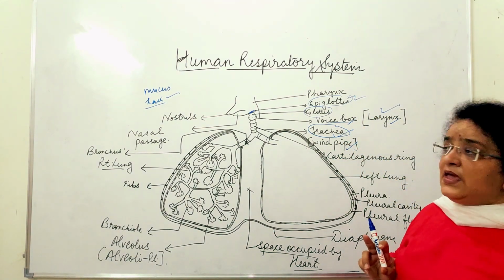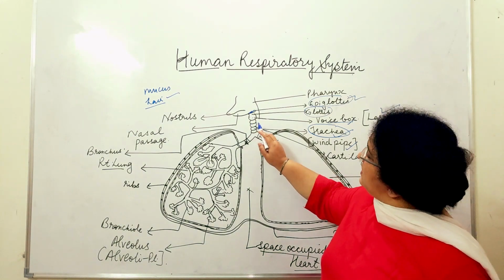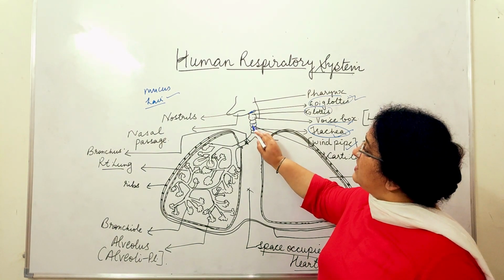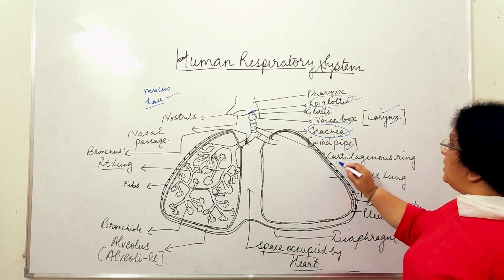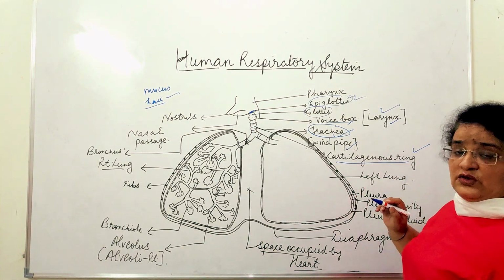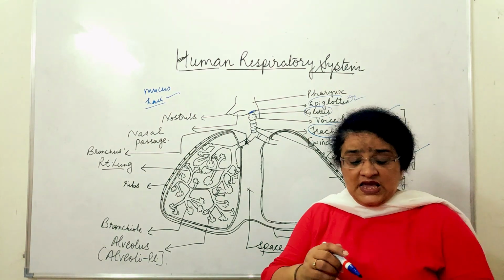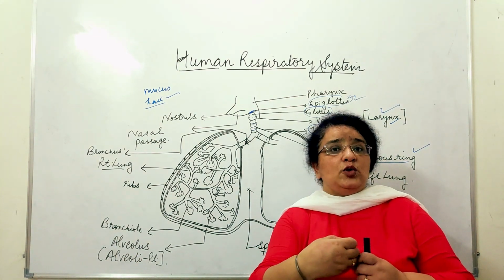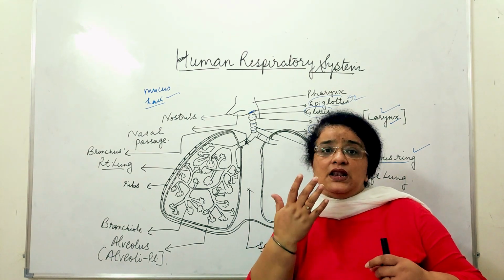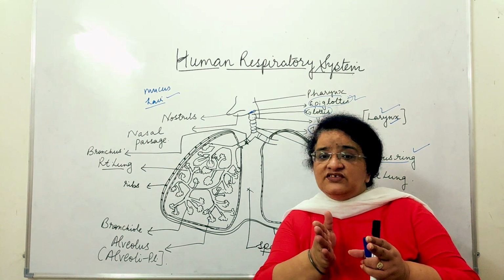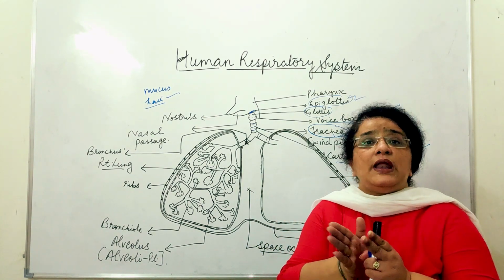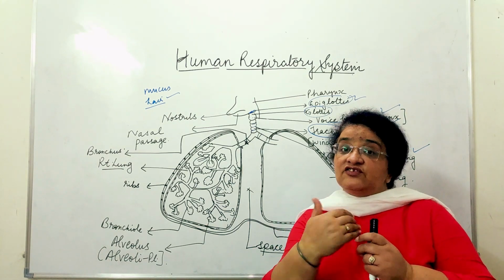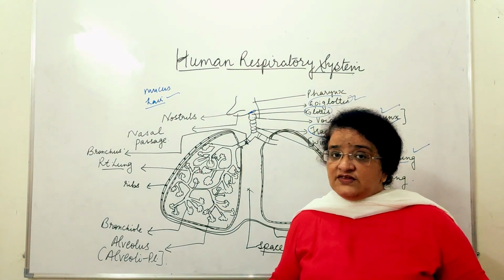The important thing to notice is that this windpipe is provided with ring-like structures, which we call cartilaginous rings. These cartilaginous rings help in keeping the windpipe constantly open, because when we exhale, if there were no cartilaginous rings, the windpipe might collapse, and during inhalation it might not open, which is dangerous for the body.